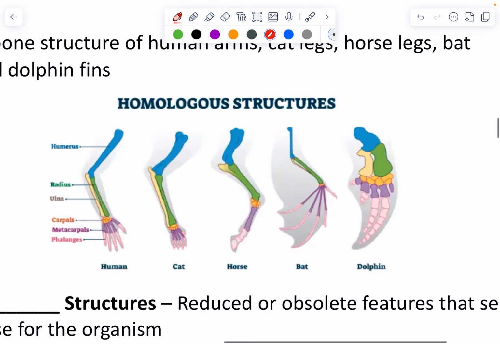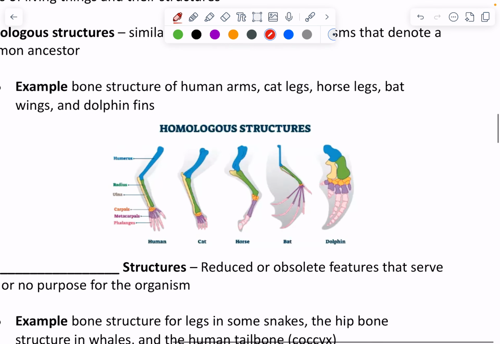We can look at the homologous structures of mammals to see the bones that we have in common and how those species have adapted those structures over time to better fit into their environment or to be more successful in their environment over time. All right, so the functions of them have changed over the years, but the structures are very similar, if not the same.